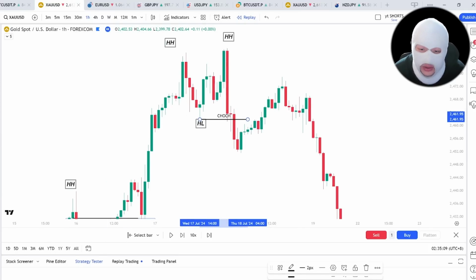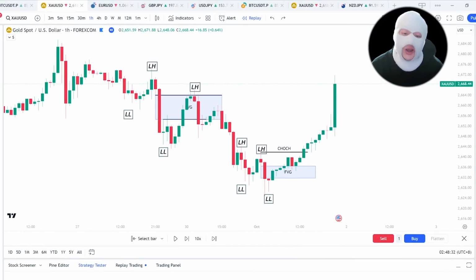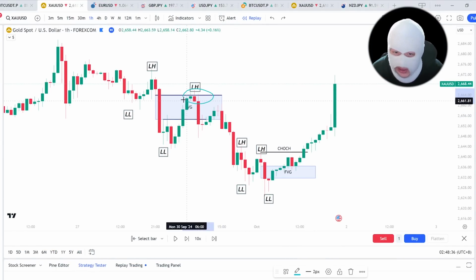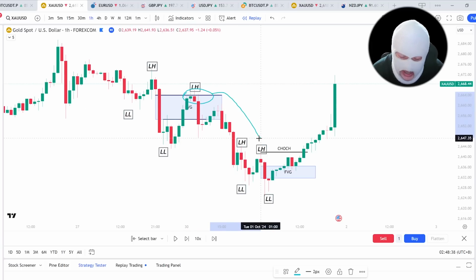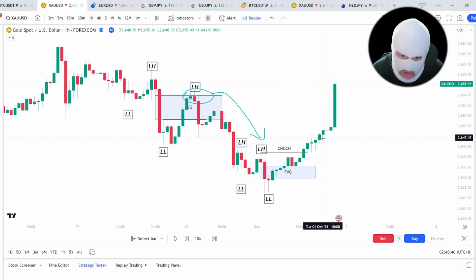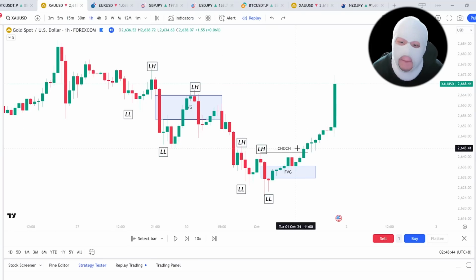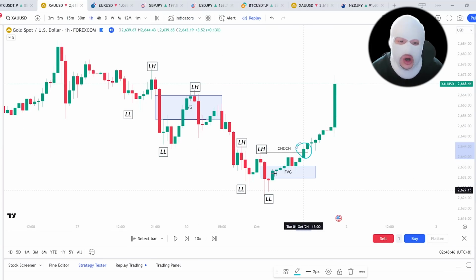This signals a potential reversal. Likewise, for the bearish scenario, if we stay below this zone, sellers are in control and the market sentiment stays bearish. However, if we get a break and close above this level here, we call that a change of character as well, signaling a bullish reversal.